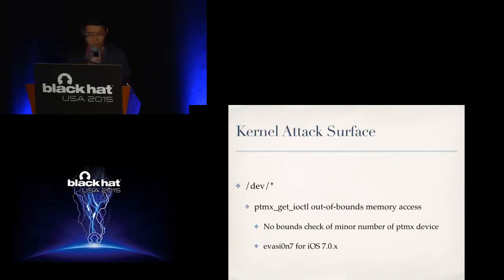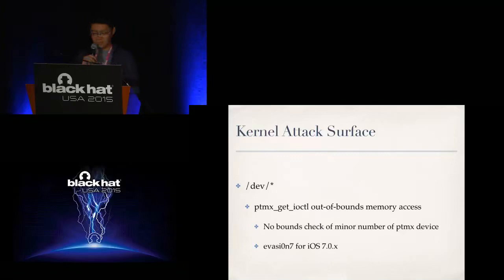Okay, so devices. There are also a lot of attacks on devices, and there's a very famous bug. It was used in Evasi0n 7 for the iOS 7 jailbreak. In this ptmx_get_ioctl handler function, the handler didn't check the input parameter.